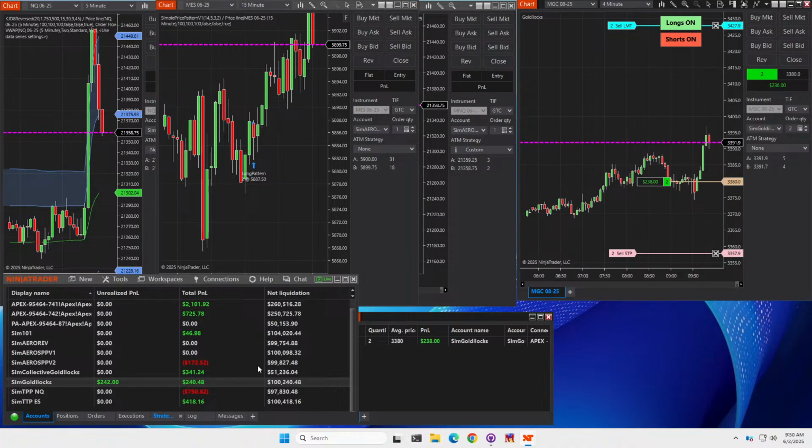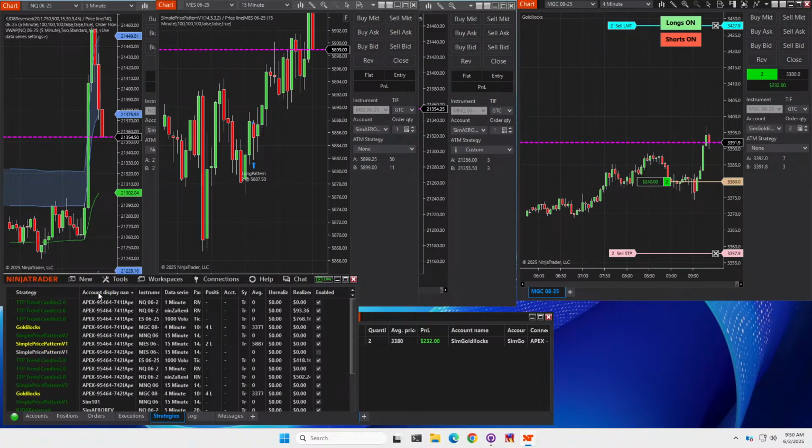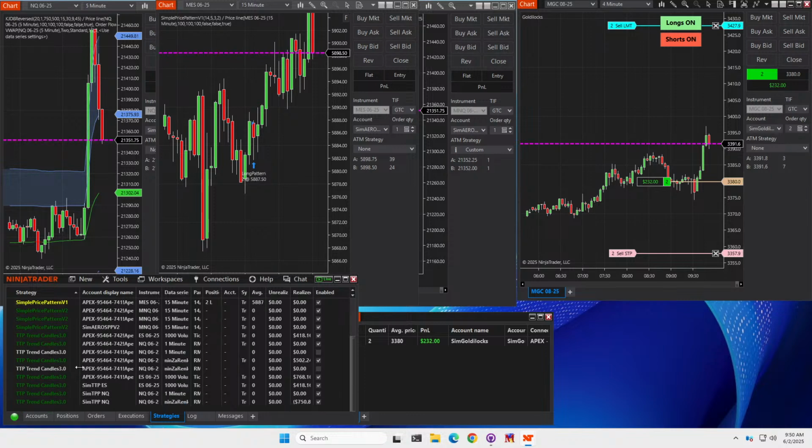Holding away. 41. 10 candles, they're not going to trade anymore today. I'll just turn them all off.